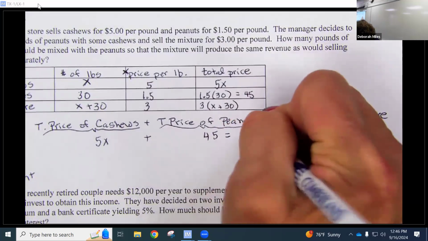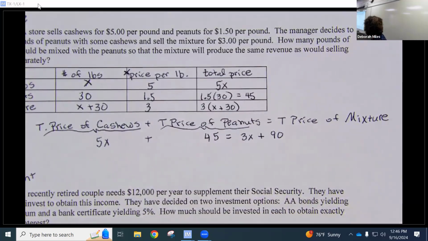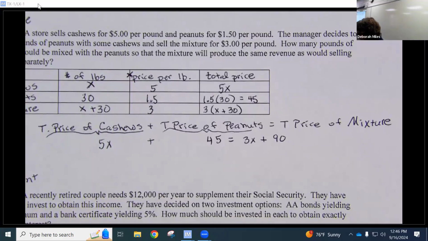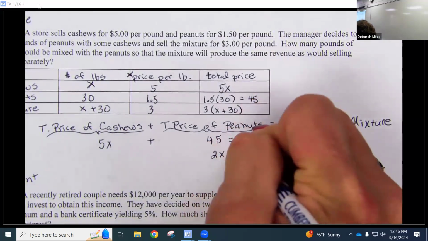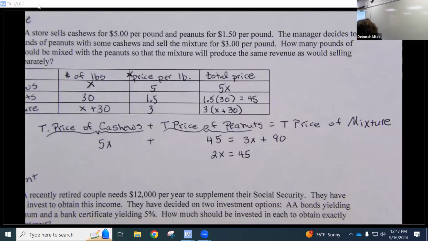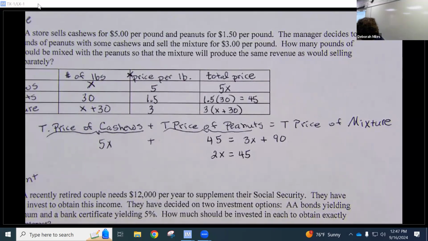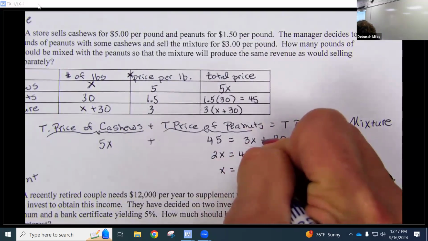Just to save ourselves a jiffy, I'm going to go ahead and distribute that: 3x plus 90. If you subtract 3x from both sides and subtract 45 from both sides, you get 2x equals 45. So x equals 22.5.